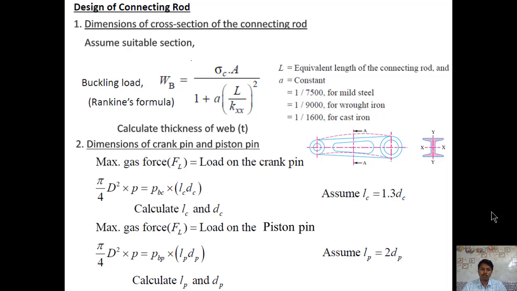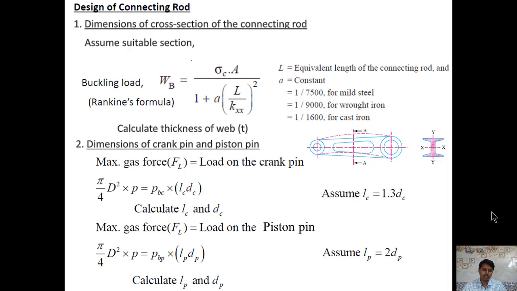Then second, we have to design the piston pin. Again, the piston pin transmits the same gas force from the piston to the connecting rod. Hence, here also we have to design the piston pin with respect to the gas force.